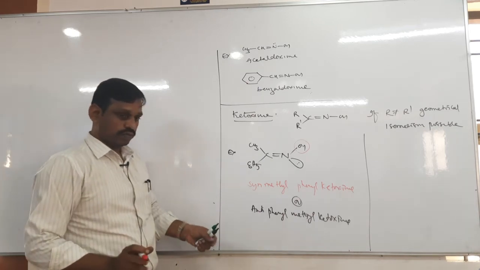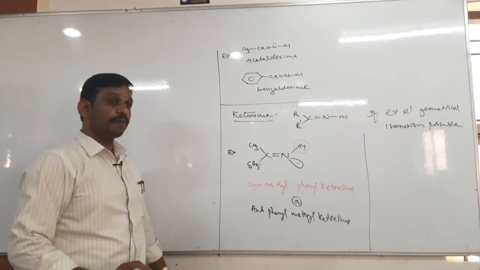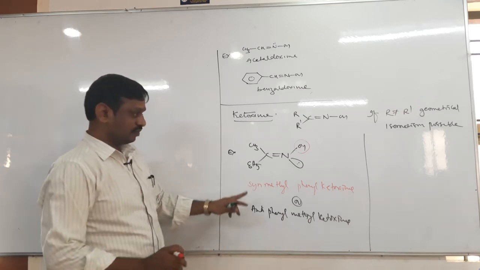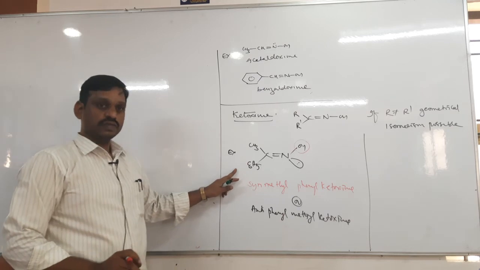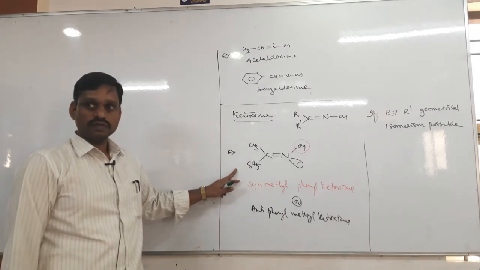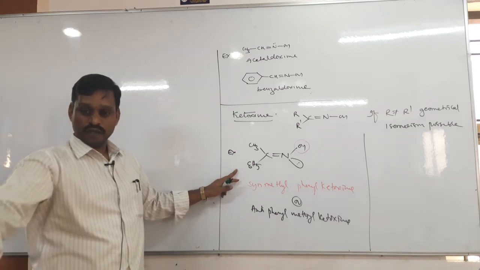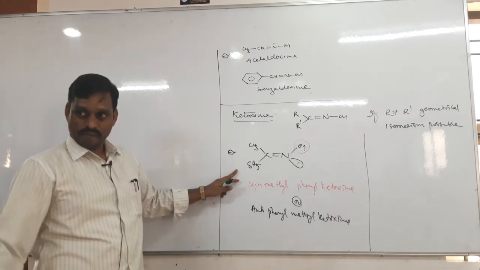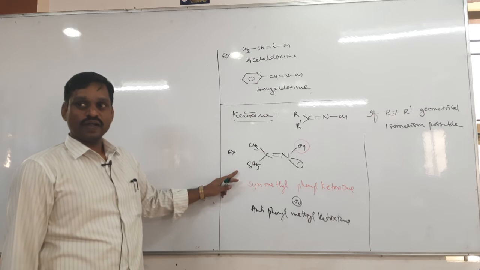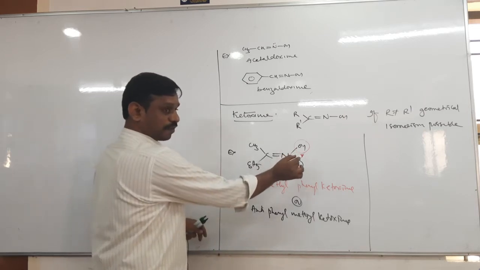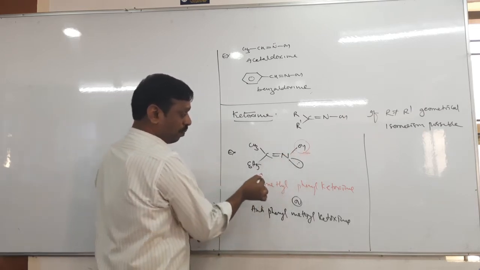What is your question? So OH is opposite to phenyl, so it is anti-phenyl. Yes. And above it is methyl, so it is ketoxime. Tell me, listen, this OH group is opposite to what?